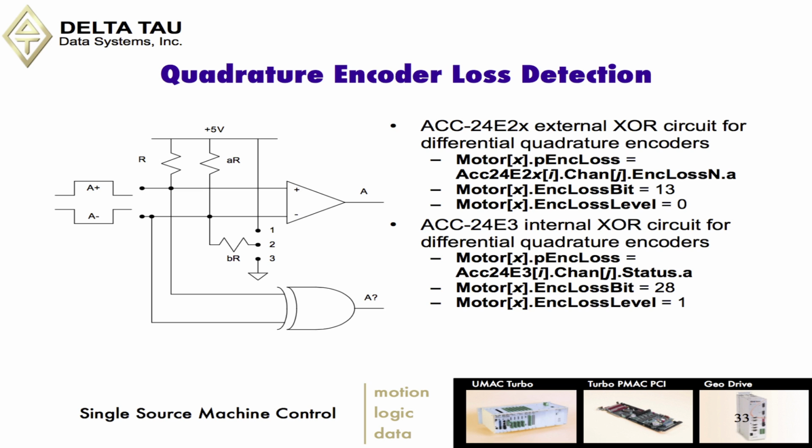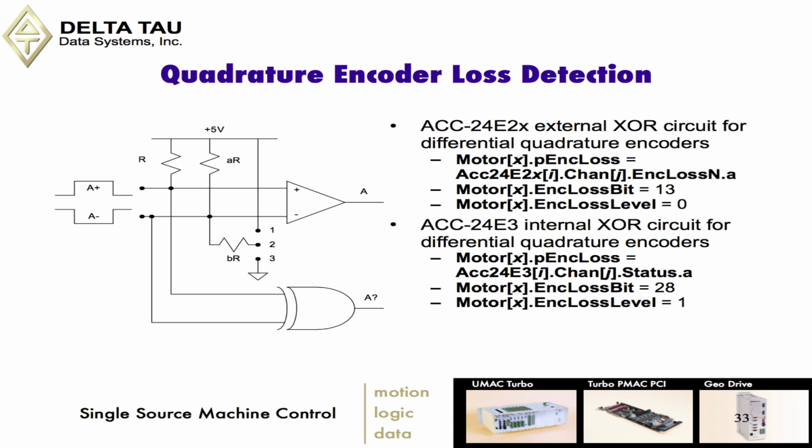So typically on the 24E2 series, the PMAC 2 style gate, we have circuits in there that look at both sides of the encoder to determine that they're always in the opposite state. On the 24E3, these are internal circuits inside of the gate, so it's not external circuits that are being used.